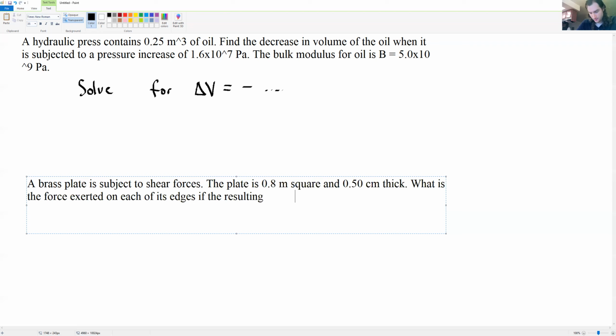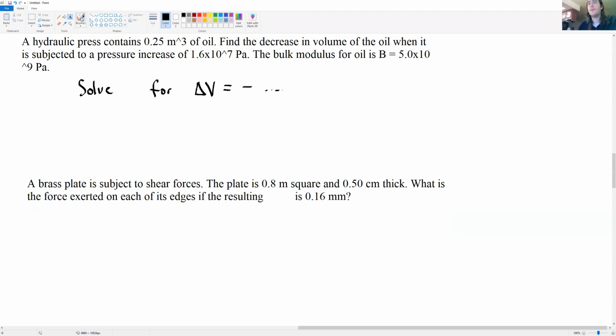Let me give some space. And then I have to write in delta L here. Get a picture for this next part.